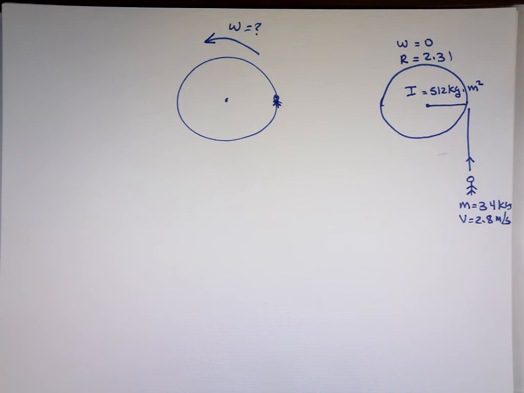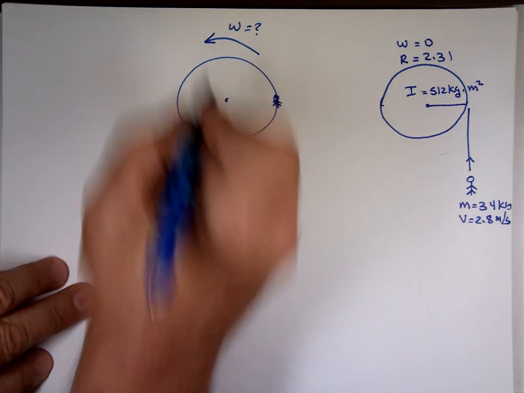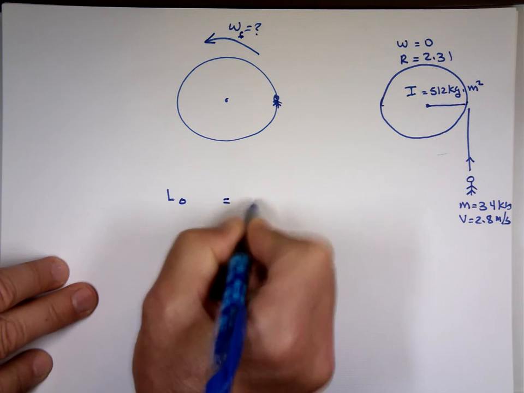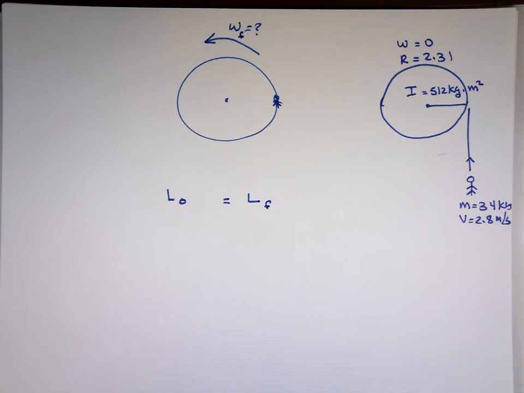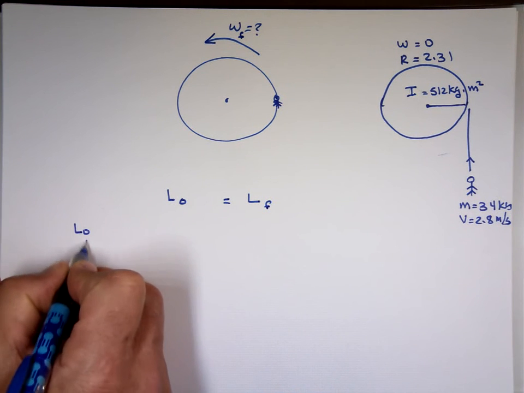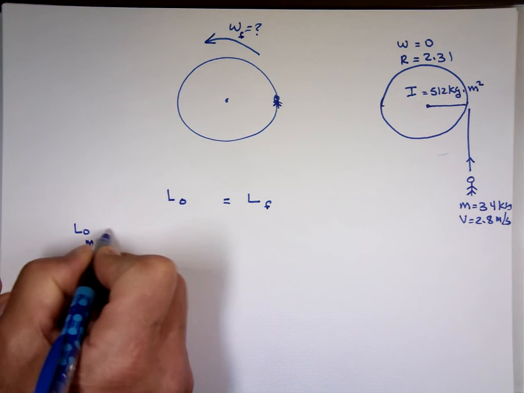Now, let's find that this is the initial, that's the final. We'll call this F. The initial equals the final angular momentum. The initial is the initial for the merry-go-round plus the initial for the child.